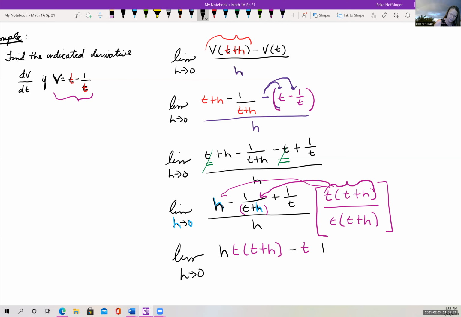Then we have plus. Now we're distributing that t times t plus h to the 1 over t, and those t's cancel, and we're left with just that parentheses t plus h. I'm going to put this all over h times t times t plus h, since nothing canceled in the denominator.